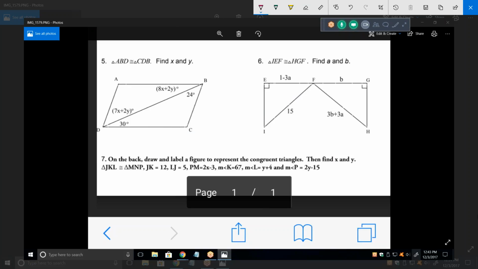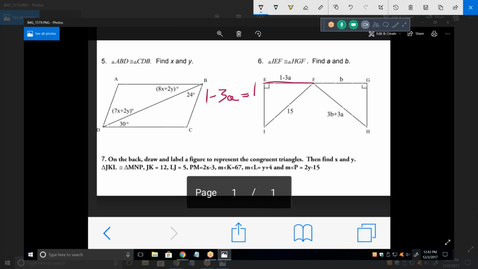All right, now let's look at number 6. Tell me what corresponding sides are. What's the corresponding side to EF? FG. Okay, or GF. That's true. So what can I say? 1 minus 3a equals b.